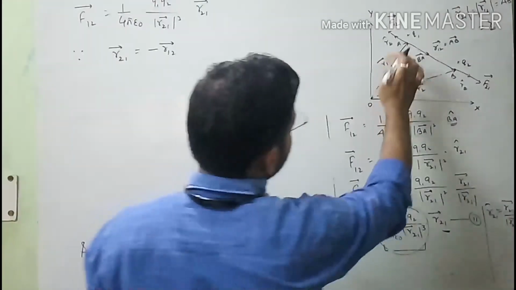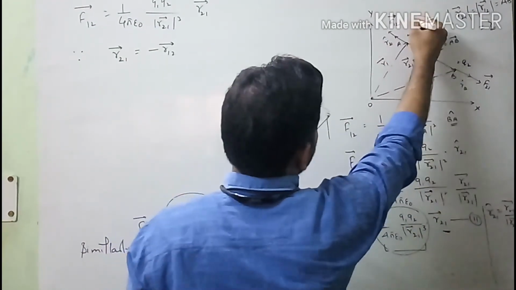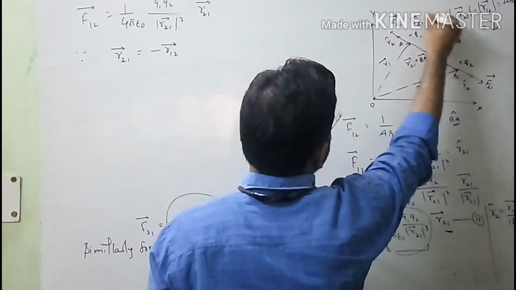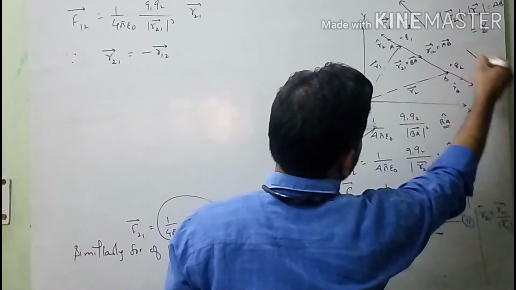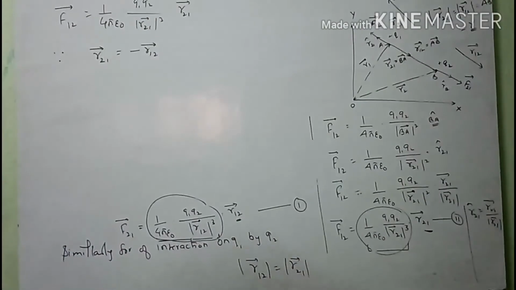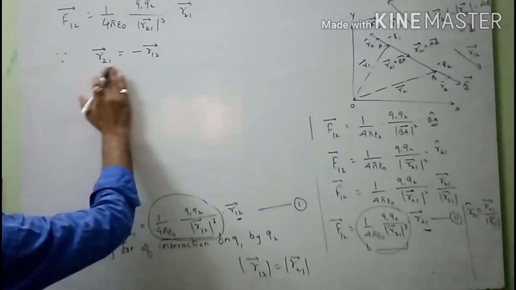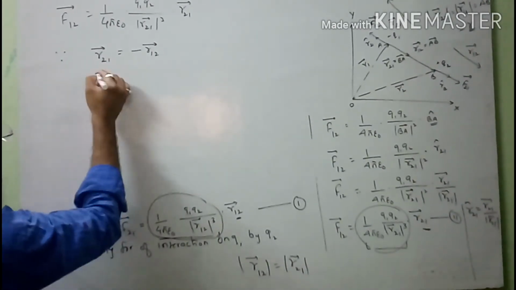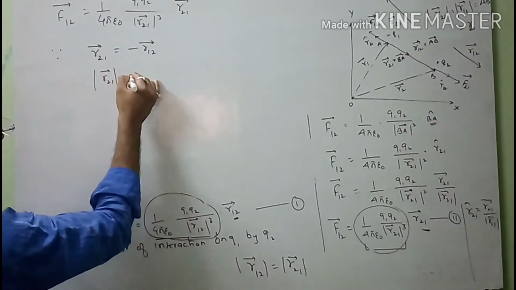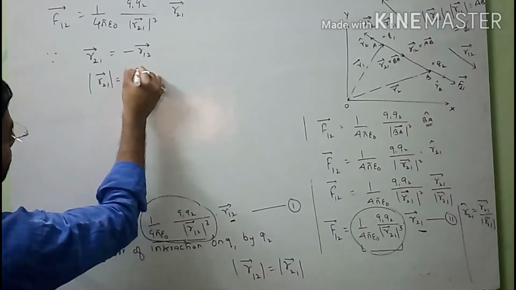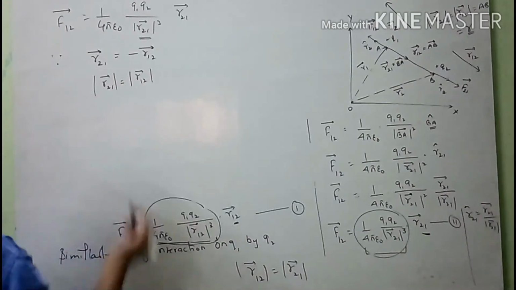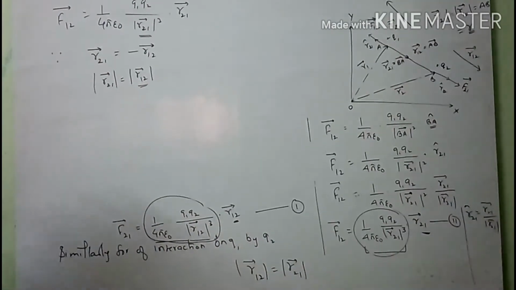This is the direction of the R21 vector, which is from B to A, and here is the direction of the R12 vector, which is from A to B. So they both are opposite in direction. So I will write here like this. And you know that the magnitude of R21 and R12 both are equal, so we can replace this value by this value.